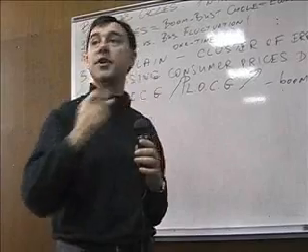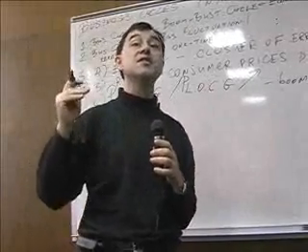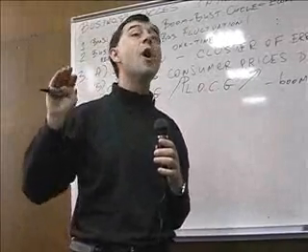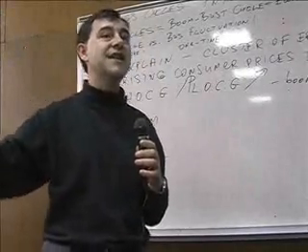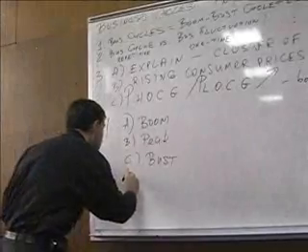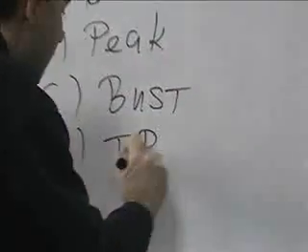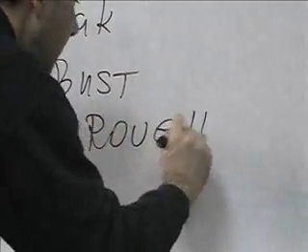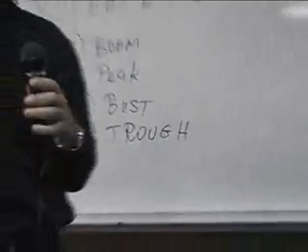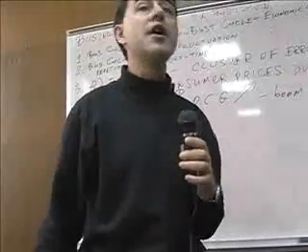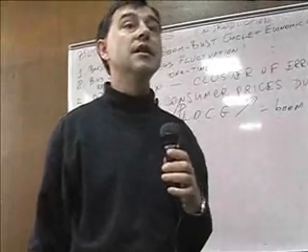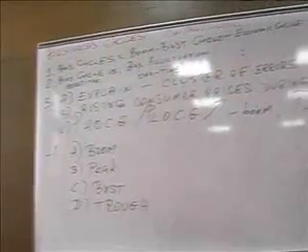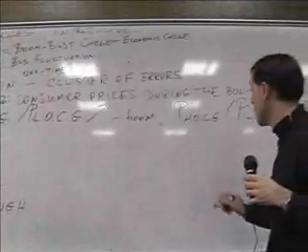I'll draw a picture in a minute. In other words, this is the portion where the economy contracts, what's called the economy goes down. And at the very end, we have the trough. And the trough is simply the very bottom of the business cycle. Now, let's draw a little picture.